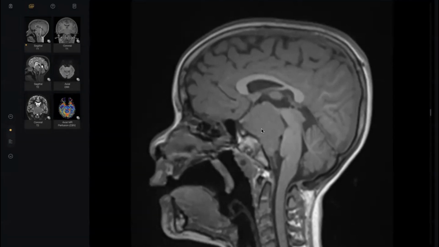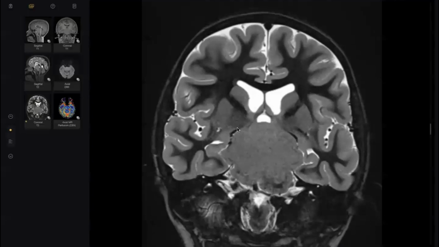Why? Because it is isointense. Look here, it is isointense to the brain overall, especially to the cortex, and here it is isointense to the gray matter.